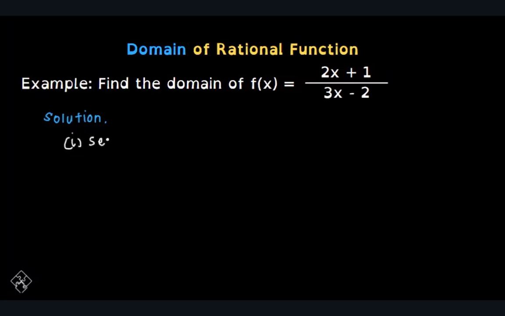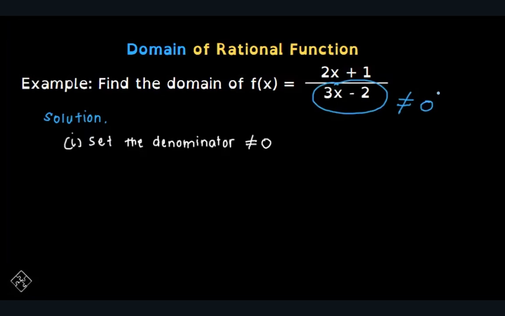So, we will first set the denominator not equal to 0. So, how do we do that? We know the denominator here. In our given rational function, the denominator is 3x minus 2. That should be not equal to 0.